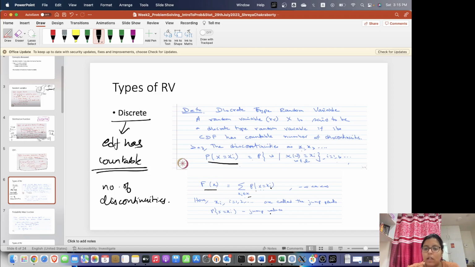So those were called the jump points. If we consider a CDF of a discrete random variable, it was something like a step function, starting from 0 and then moving on to 1. And these would be the breakpoints.